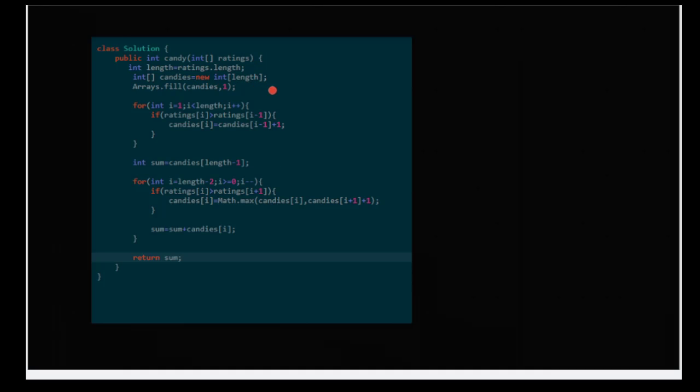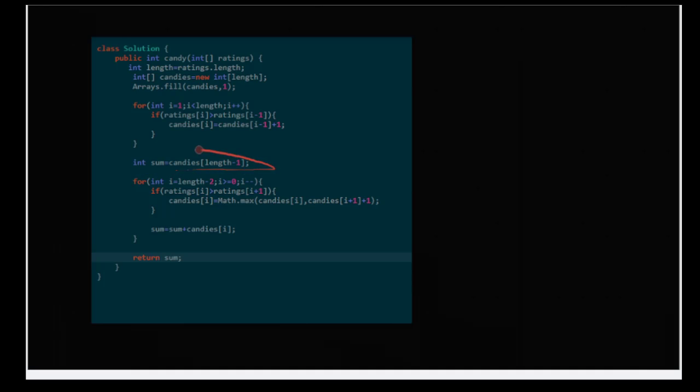Okay, so we took an array candies, filled it with 1. The first traversal, that's checking from 1 to n minus 1, and if the ratings of I is greater than I minus 1, so we'll make that as I minus 1 plus of 1.